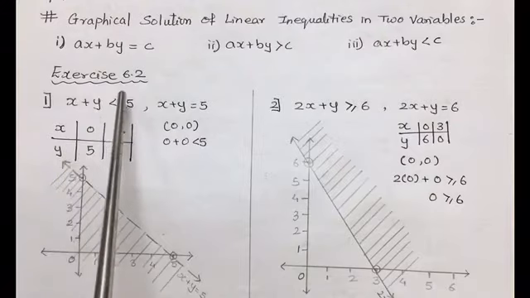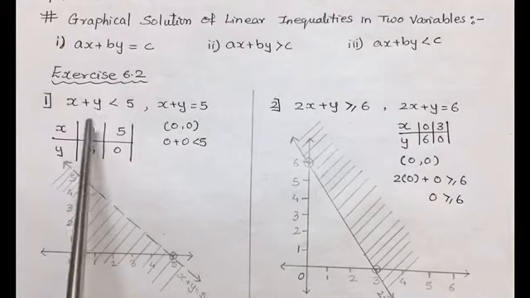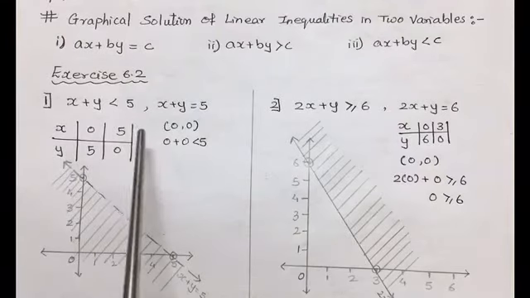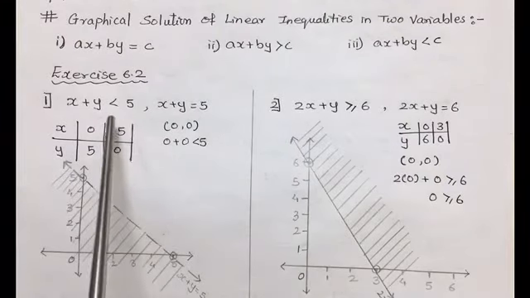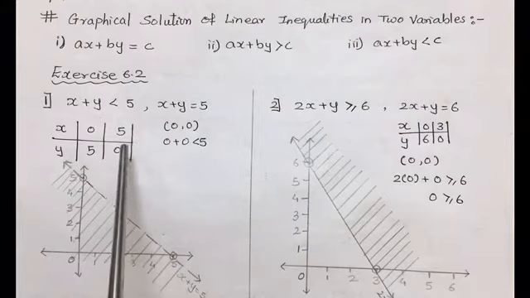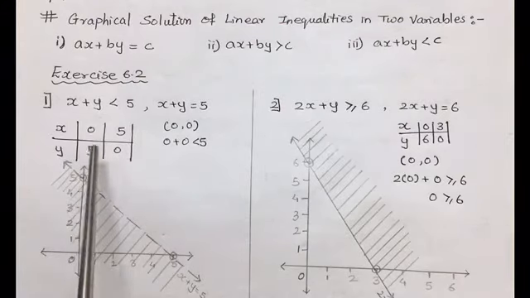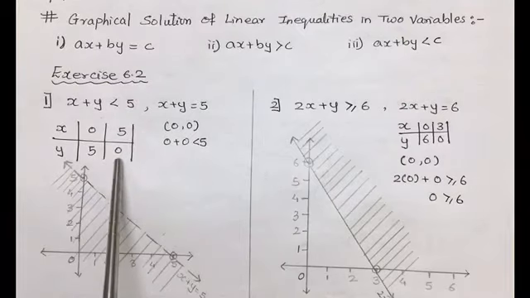Starting with exercise 6.2, the first equation is x plus y is less than 5. Now as it is given less than 5, to draw the line we are going to assume one time the value of x as 0, another time the value of y as 0.